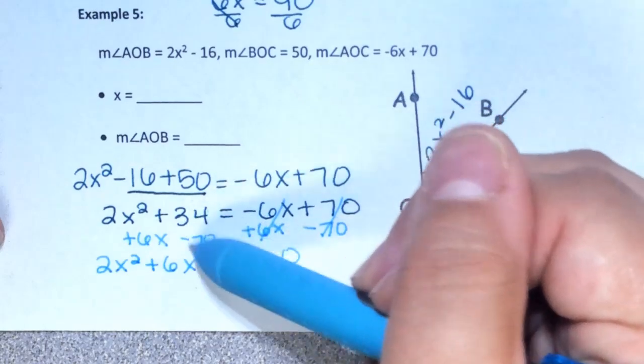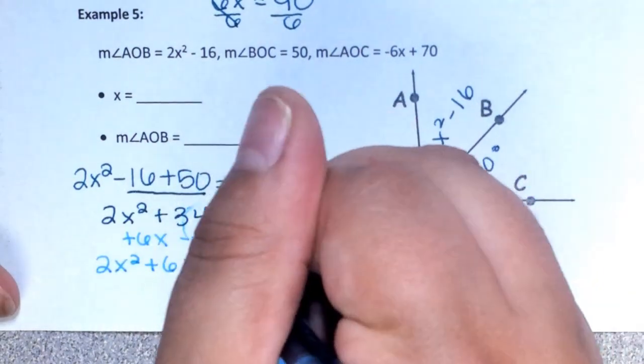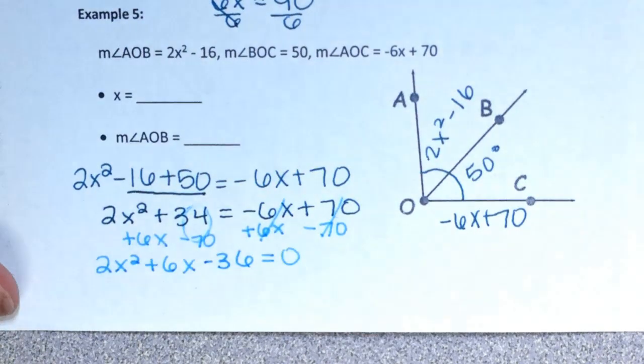And then remember, you have to combine these two things right here. What is 34 minus 70? Negative 36.